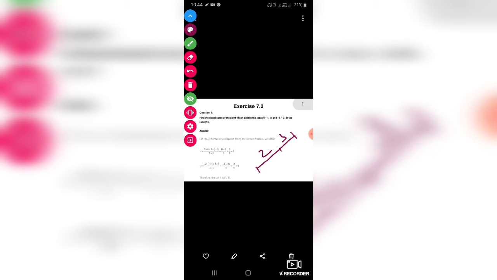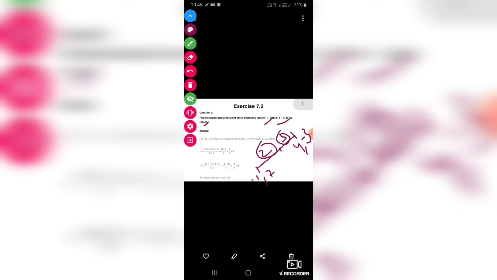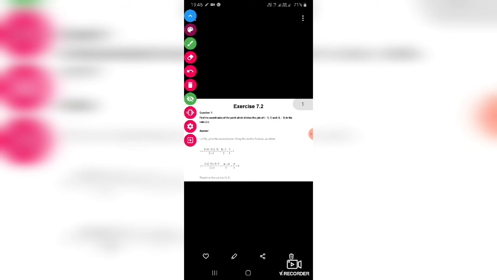Class, you have to write in the same way. This is (-1, 7), that's why this is 2, because this is the first one. Similarly, this is the second one, that is (4, -3), and 3 is the second one. So in this way only you will write. If you write the opposite, it will give the wrong answer. After that, you just have to implement the internal division formula and you will get the answer.